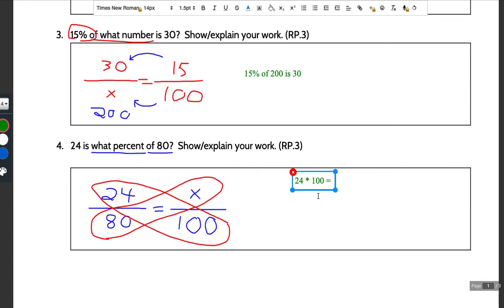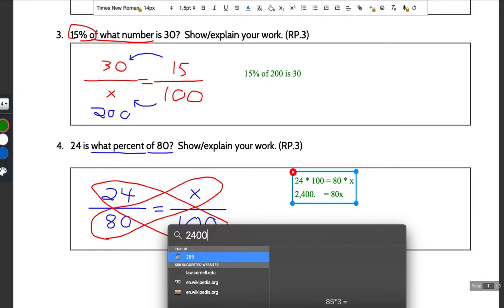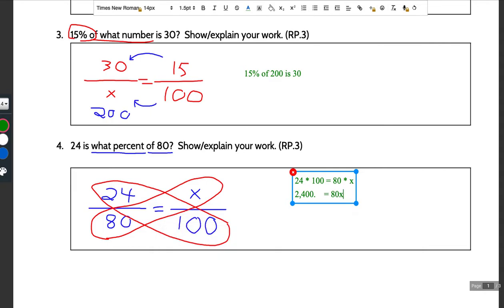So 24 times 100 should equal 80 times x. 24 times 100 is 2,400, and so that should equal 80 times x. How do you figure out what this is? Well, 80 times something is 2,400. So if you do 2,400 divided by 80, you get 30. So that means 2,400 equals 80 times 30. So 30 would be this number.